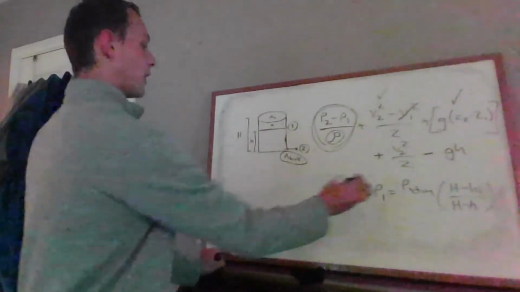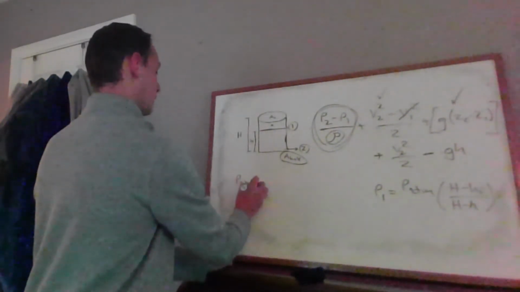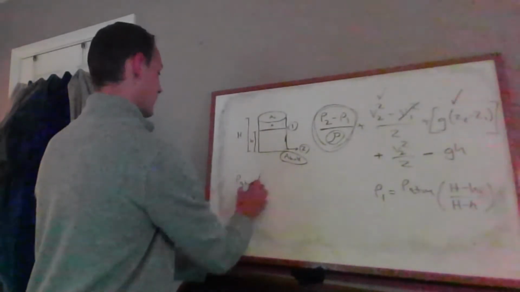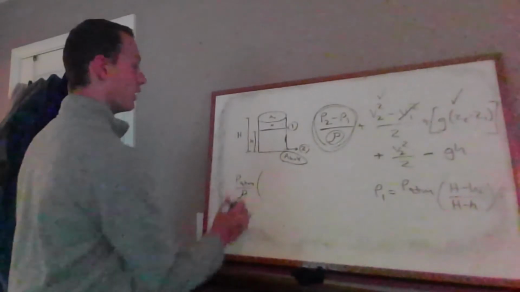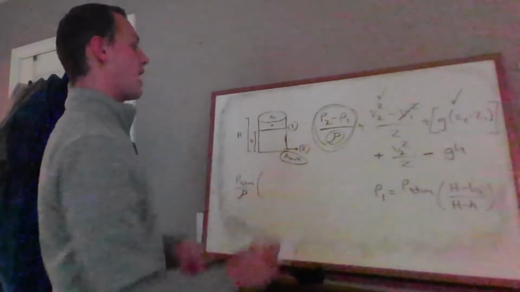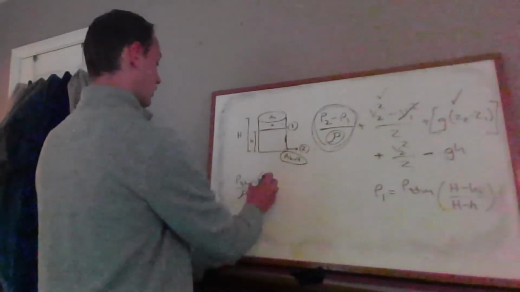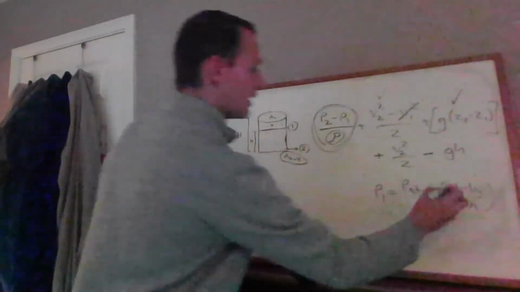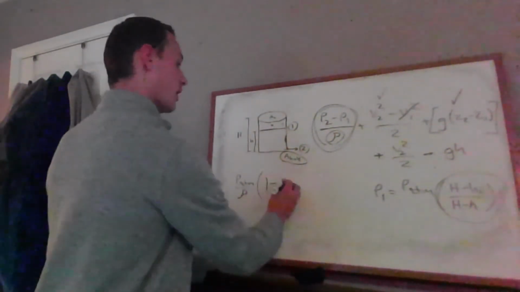But this part should be pretty easy. So if we factor out P sub atmosphere, and then we can also factor out the density, right? Because that's in the denominator for this difference in pressures, okay? So that works. So this would be a 1, and then here we just have this fraction for P sub 1.